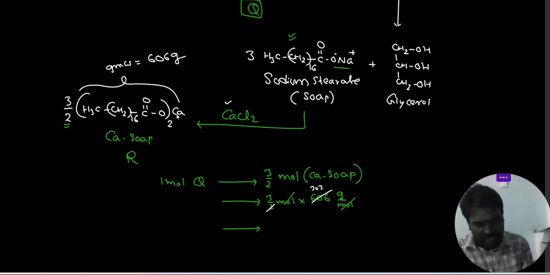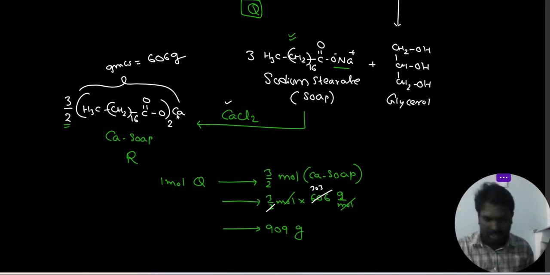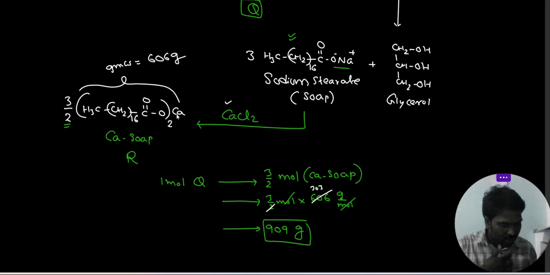Now 3 into 303 is how much? 909 grams. Understood everyone? This is the amount of calcium soap formed, that is nothing but R.